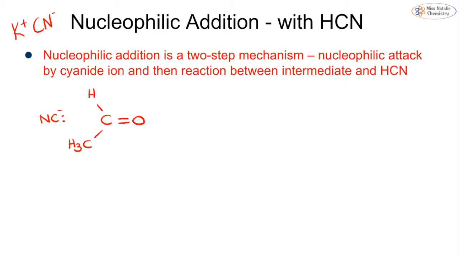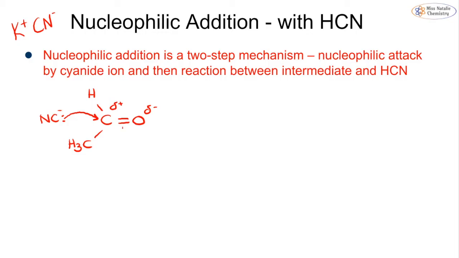So the potassium cyanide in this mixture is acting as a catalyst, and it's giving the cyanide ion. That is then going to attack at the carbon here, because this carbon is very delta positive. It's quite electron deficient because the oxygen is much more electronegative.